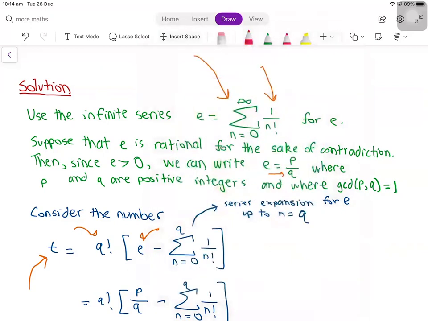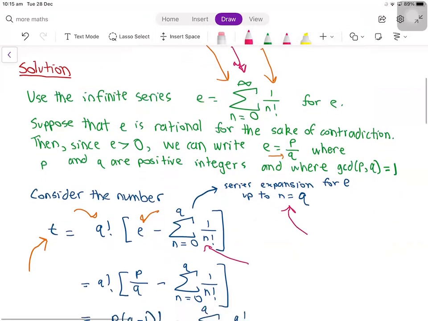You can note that the infinite expansion for e is an infinite series or infinite sum, but over here we're only summing the 1 over n factorial from n equals 0 up to q, so we don't go up to infinity here. This is an approximation for e where we stop the sum by going up to q without going onwards.